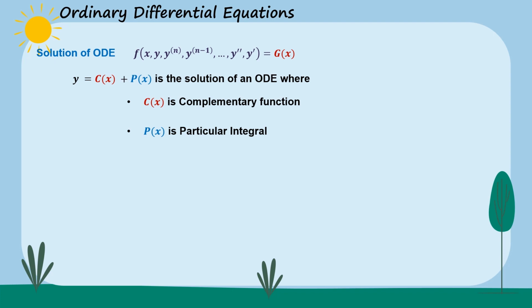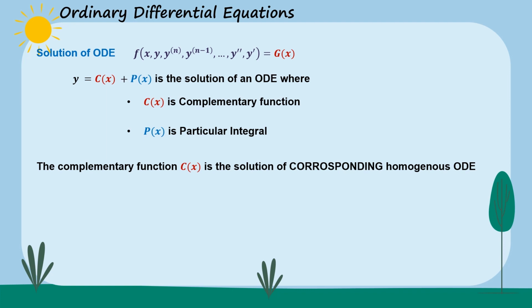Now, what is C(x) then? What is the complementary function? The complementary function is actually the solution of the corresponding homogeneous differential equation. Now, what is the meaning of that corresponding homogeneous ODE? If we consider that our differential equation is in the form of y double dash plus 5y is equal to 7x, anything, then the corresponding homogeneous equation will be y double dash plus 5y is equal to 0.